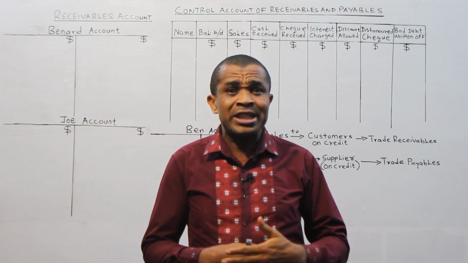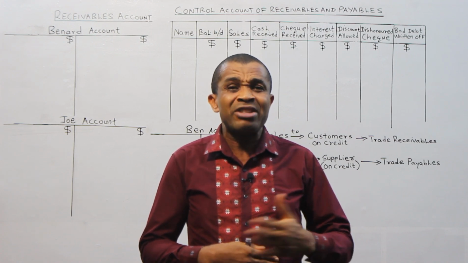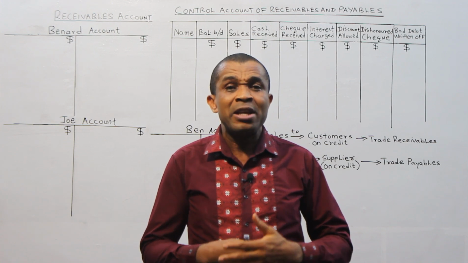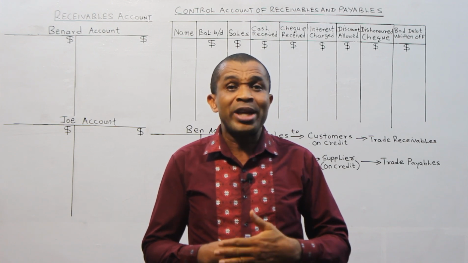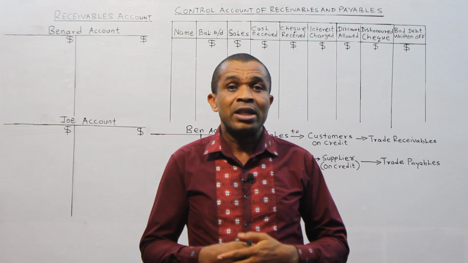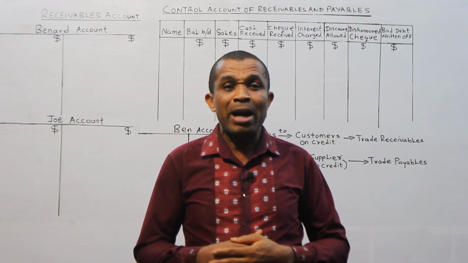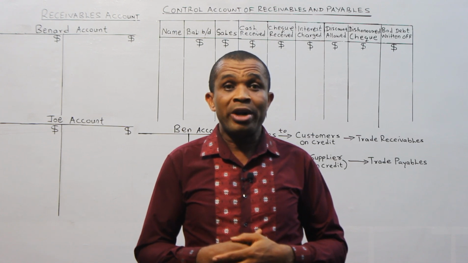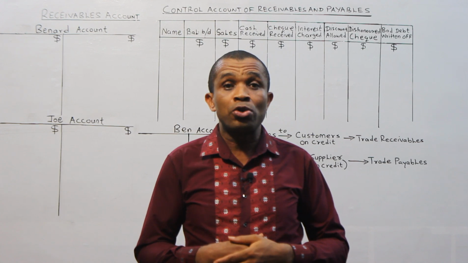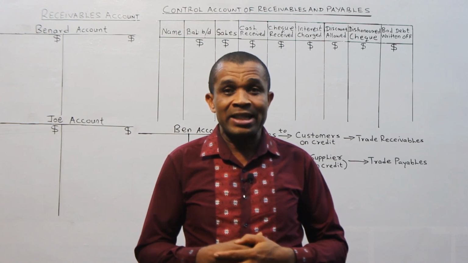Now, in an organization, there may be many receivables and many payables. How do we keep these accounts so that it does not create confusion? When we talk about receivables, we refer to debtors, those people that we sold goods to on credit.